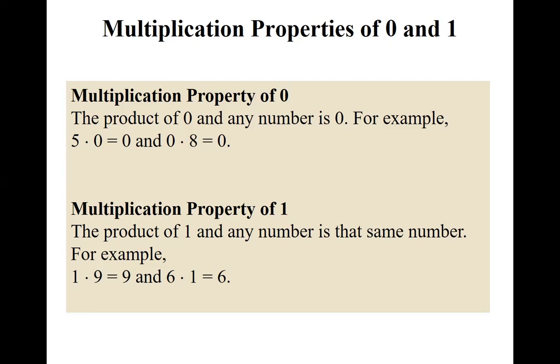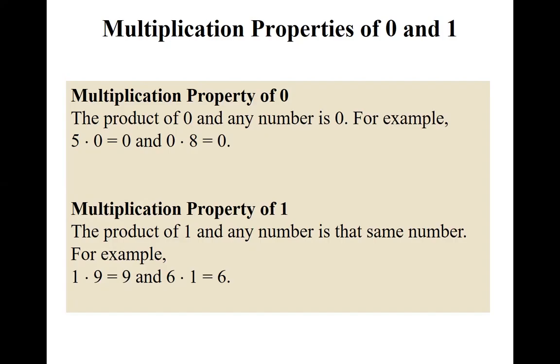So 5 times 0 is 0. 0 times 8 is 0. It doesn't matter if the 0 comes first or the 0 comes second. If you're multiplying two numbers and one of them is 0, the answer is 0. That property actually turns out to be pretty important in algebra later on.